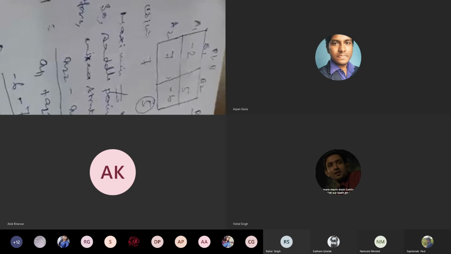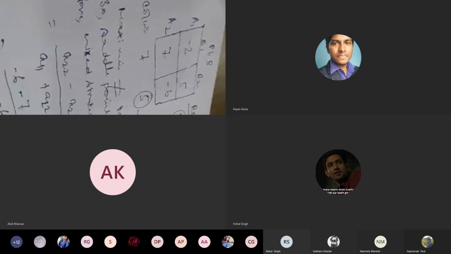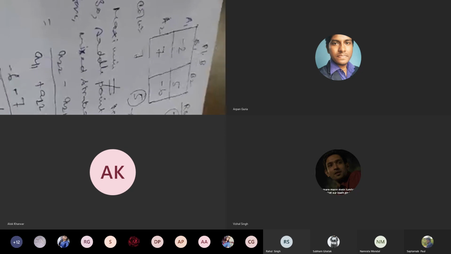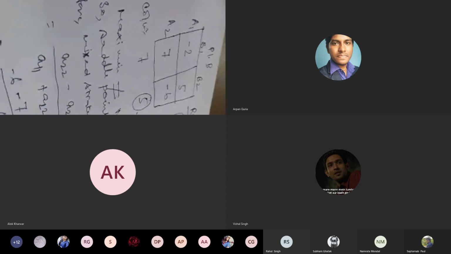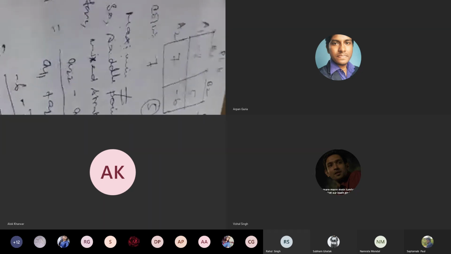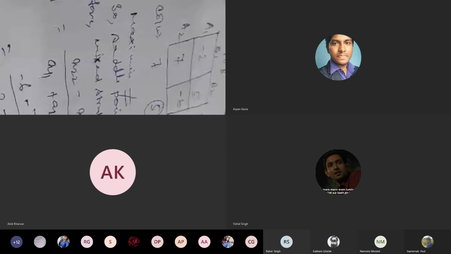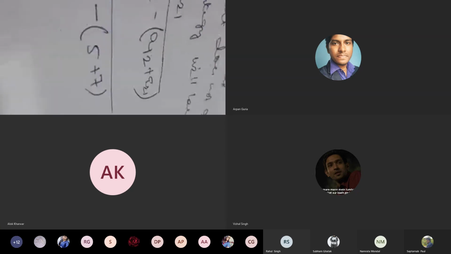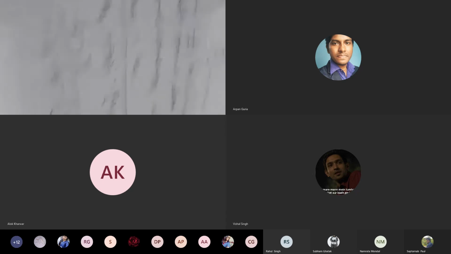Then minus A12, A12 is 5, and A21 is 7. So you are getting minus 13 by minus 20. You are getting the value of x1.